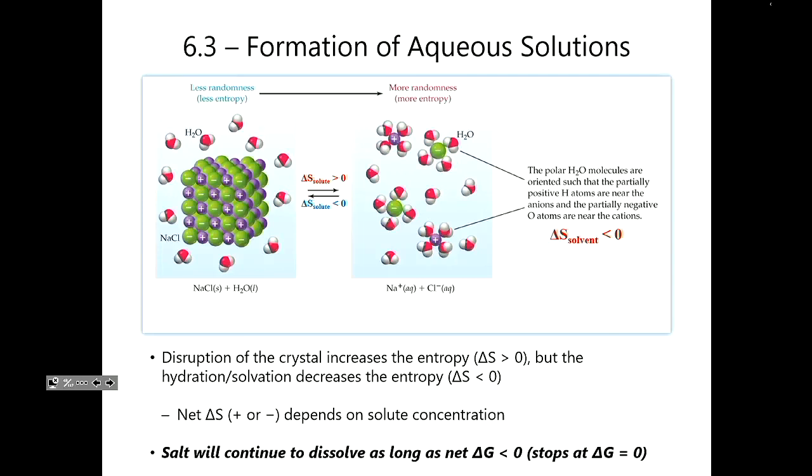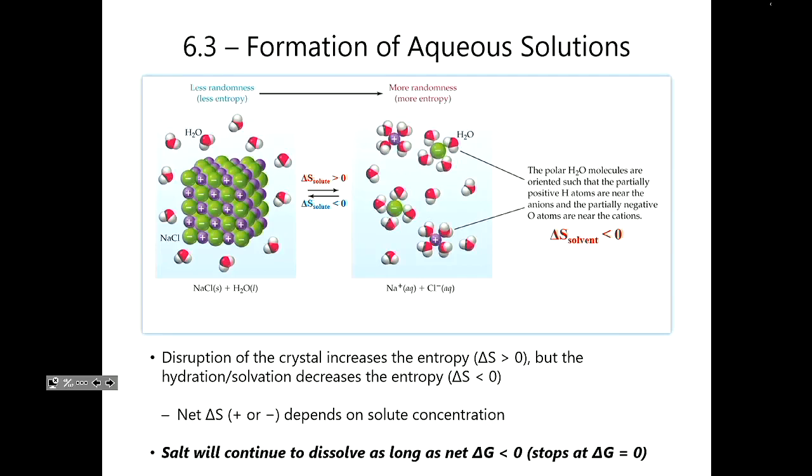So the entropy of the solvent actually goes down. It gets ordered around the solute particles, the ions in this particular example. It doesn't have to be ions. It can be glucose, whatever it is, right? So there's an ordering process of the ions, and it's very particular.